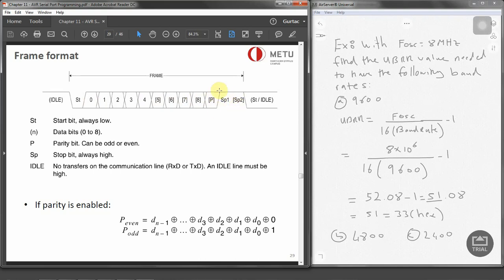It can be 1 or 2 stop bits. And for the idle, that means there's no transfer on the communication line for RXD or TXD, and idle must be high. If the parity is enabled, even and odd parity can be calculated using XOR equations, which we have seen in logic design last year.